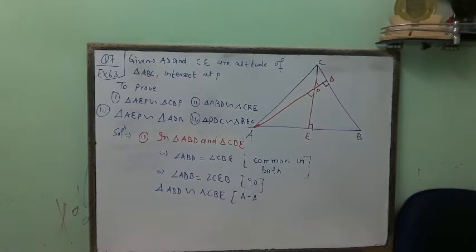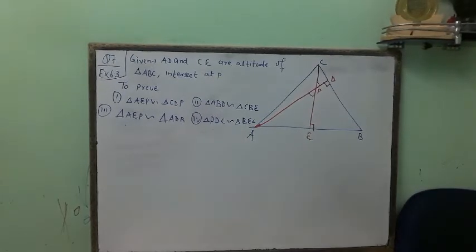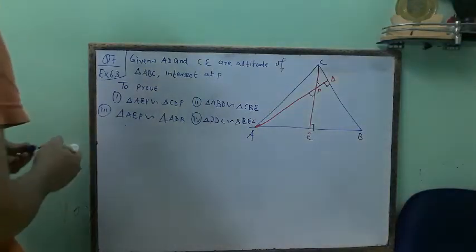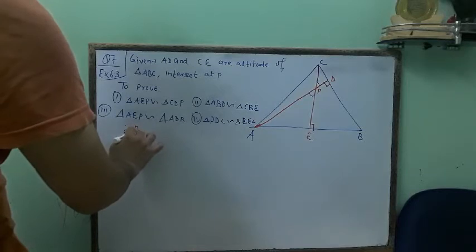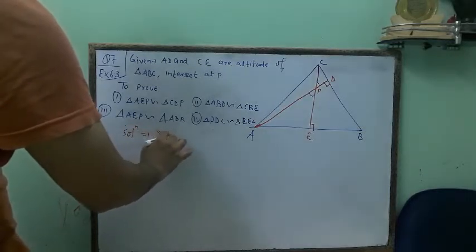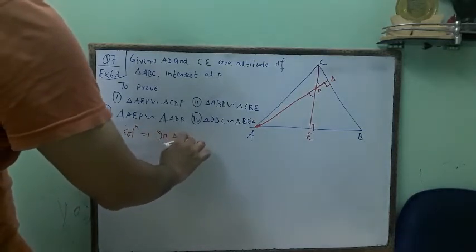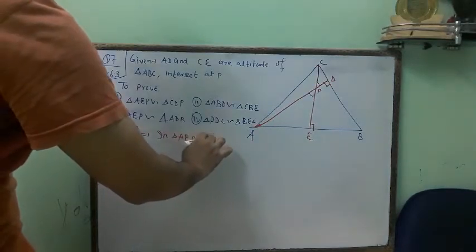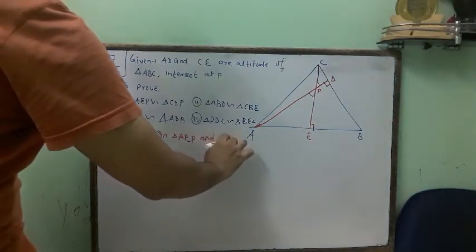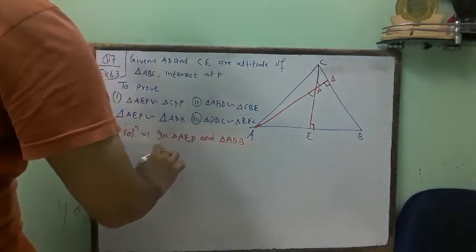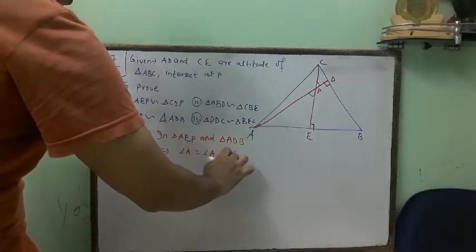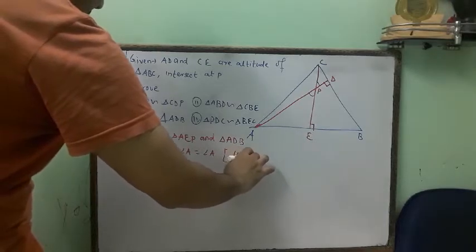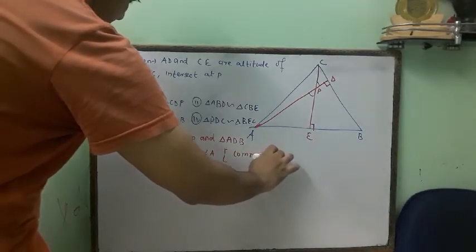Let's move to the third triangle. The solution of the third will be something like this. In triangle AEP and triangle ADB, now see this one. Here angle A is common in both, so angle A is equal to angle A, common in both.